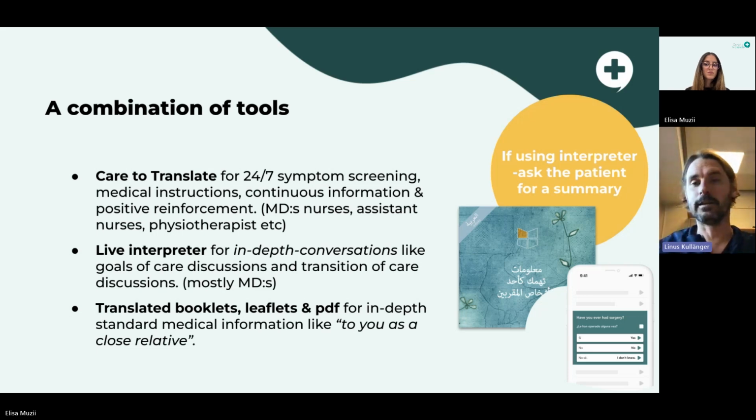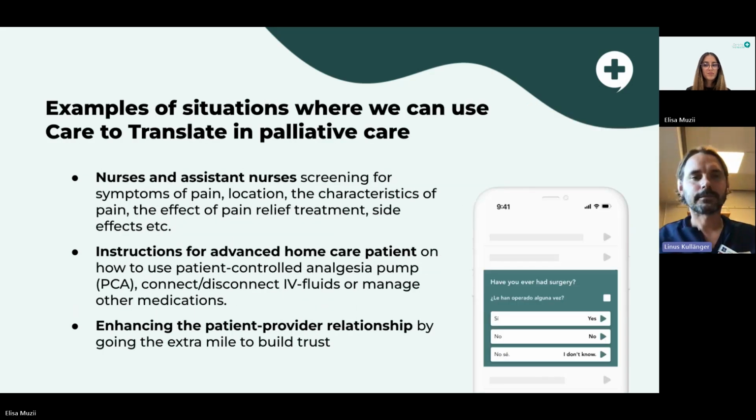So if you work in palliative medicine, or if you work at palliative home care, this brochure or booklet for you as a close relative is free to download. Today som närstående is the name in Swedish. It's really good to hand out in different languages. So we can take the next slide.